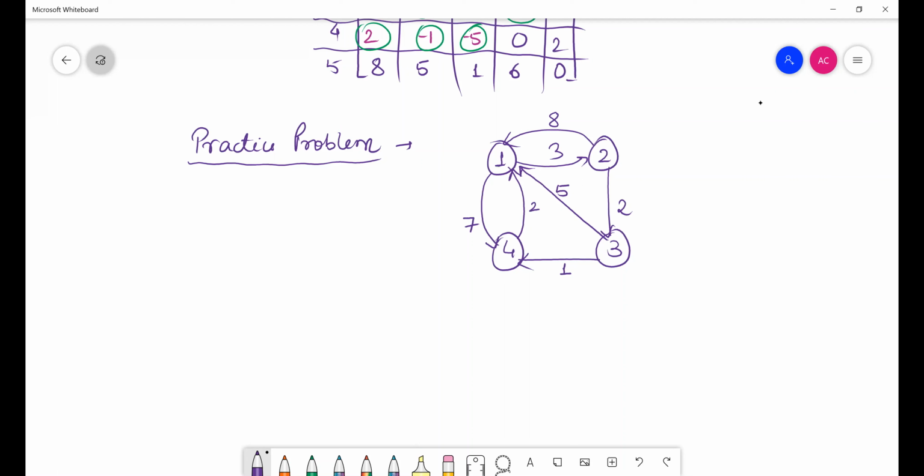Maybe you can solve it on paper and submit it as a discussion. I'll open the discussion. You need to submit it there.